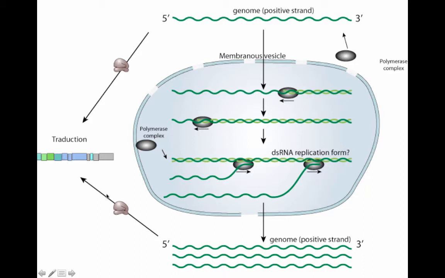Then that gets translated, and traduction is actually the French for translation. So this image came from a French paper, but just remember this is translation, and that translates into a bunch of proteins.